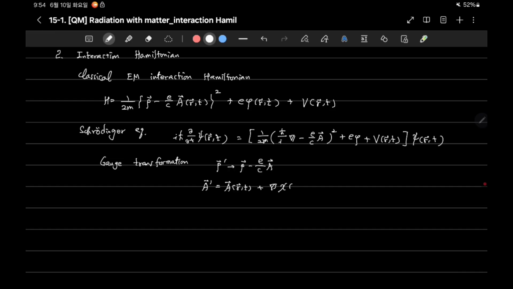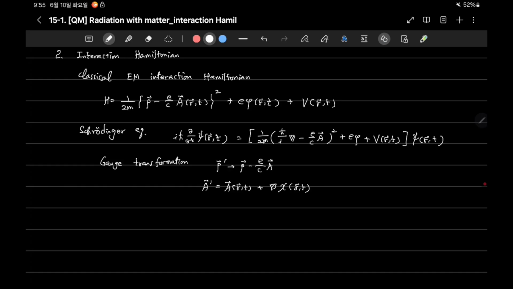Chi is an arbitrary function, because the curl of the vector potential is the magnetic field, and the curl of a gradient is equal to 0. So it is invariant when adding this gradient term.